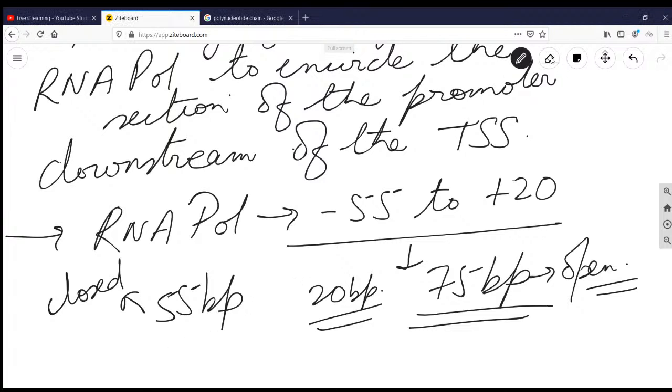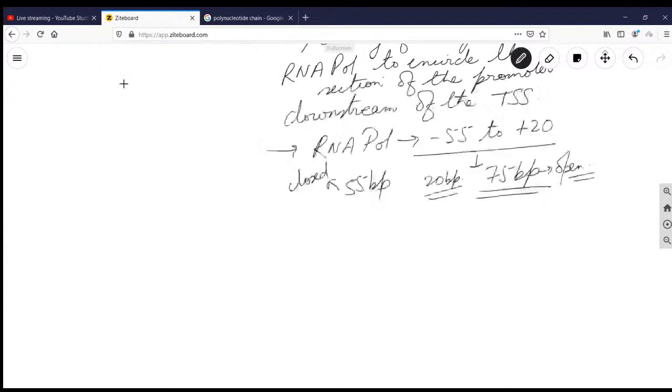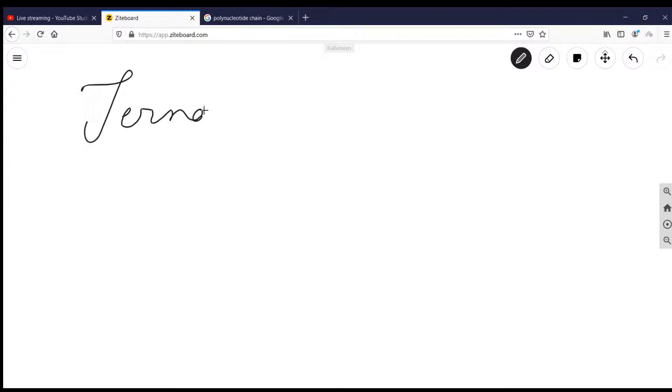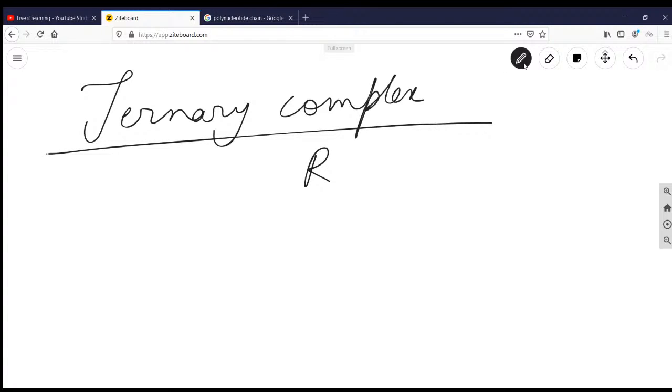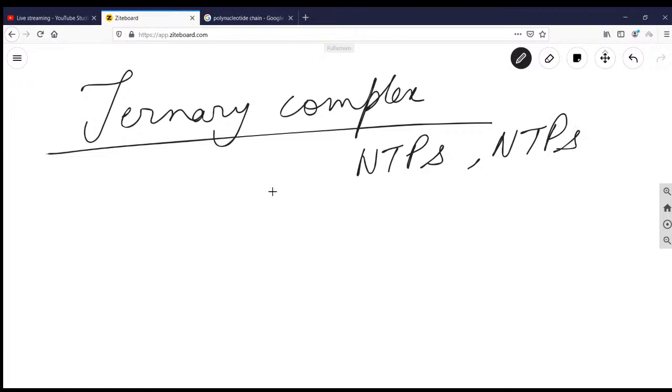Ternary means 3. Now ribonucleotides, NTPs, will be arriving as the substrate. So two NTPs will be arriving, and then from the 5 to 3 prime end, a phosphodiester bond will be formed.